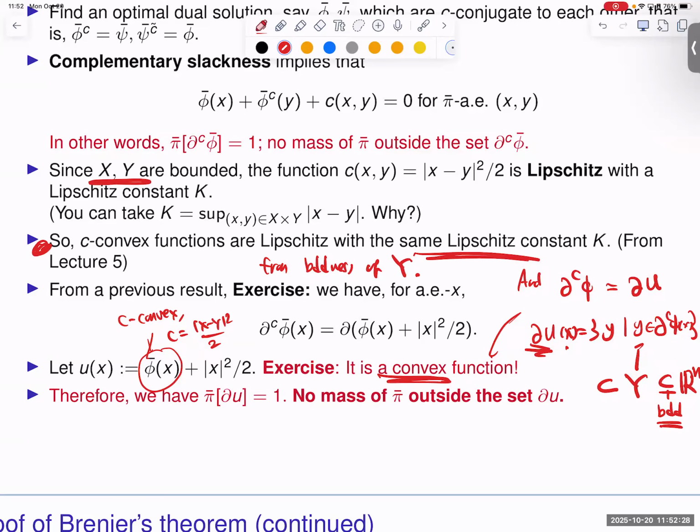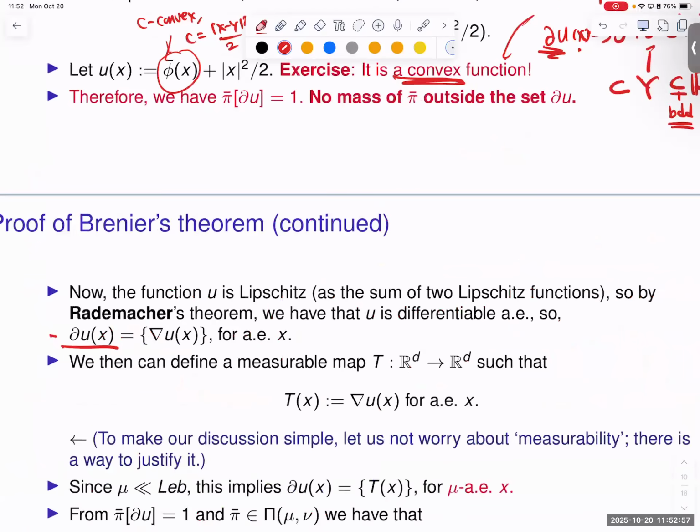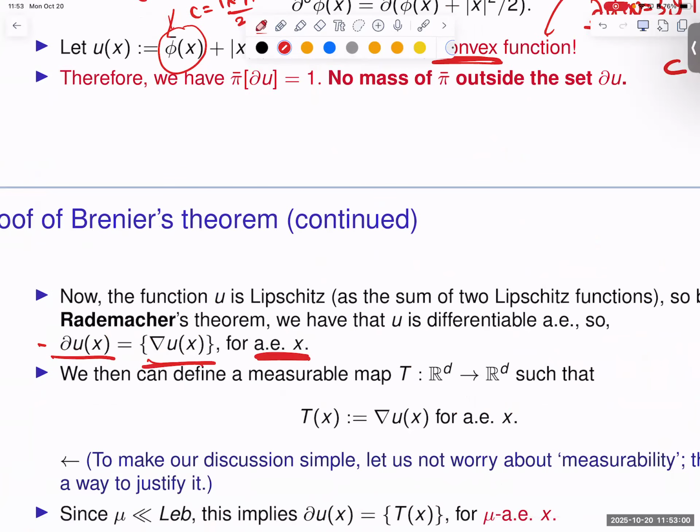That means the function u is Lipschitz. That means the function u is differentiable almost everywhere, because of Rademacher's theorem. That means the subdifferential of u, for almost every x, is the same as the gradient because of Lipschitzness. Fine.